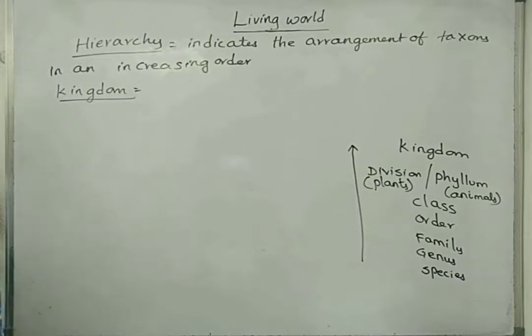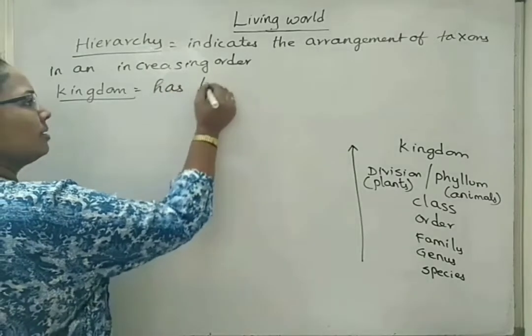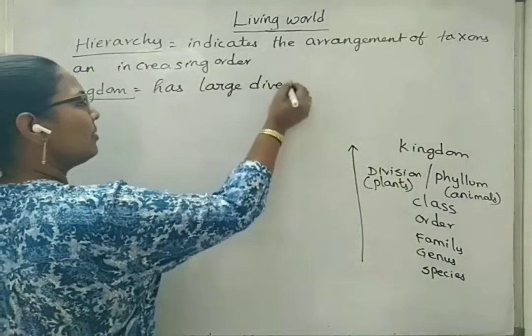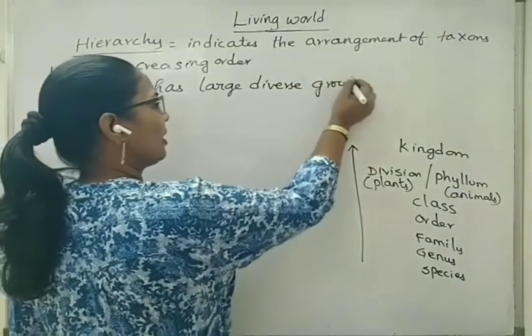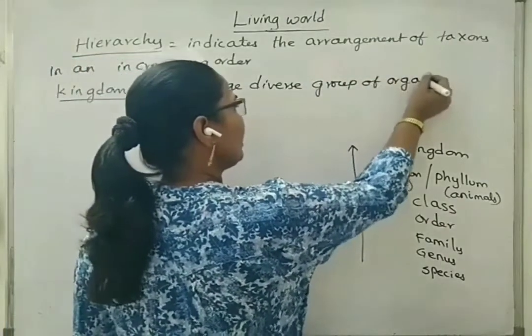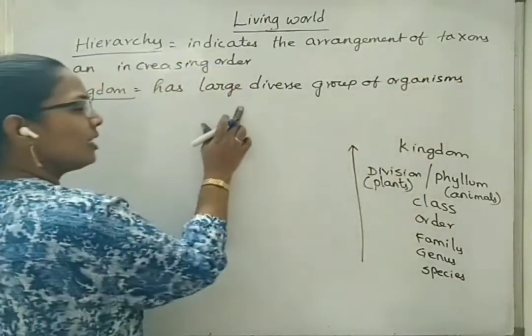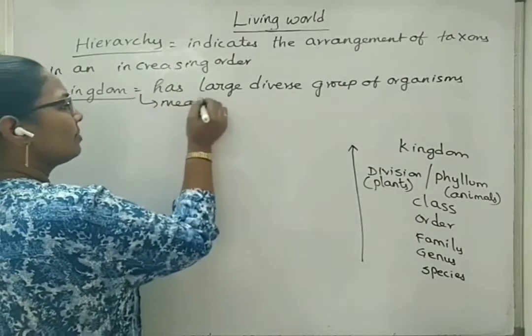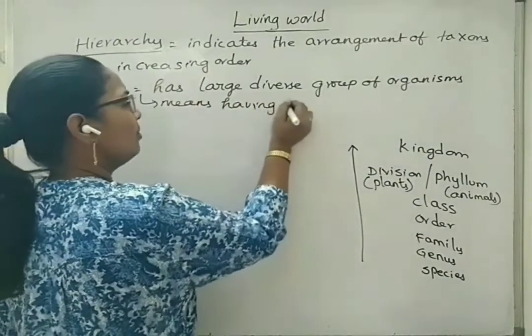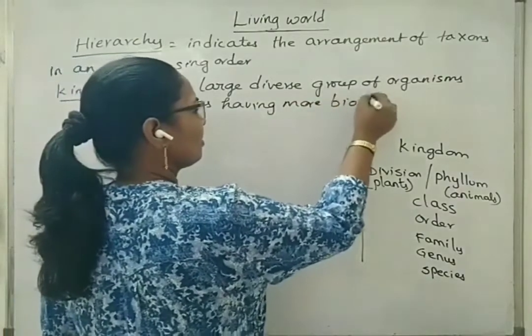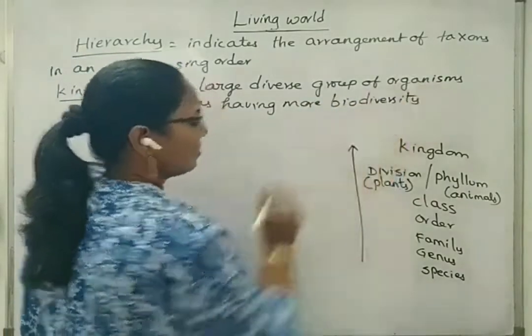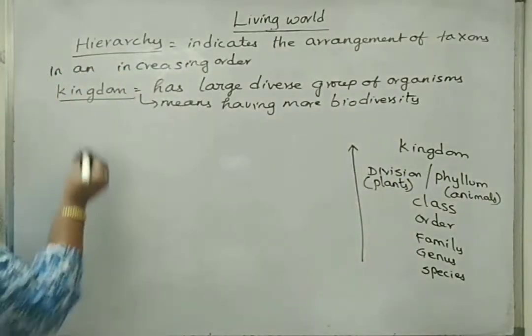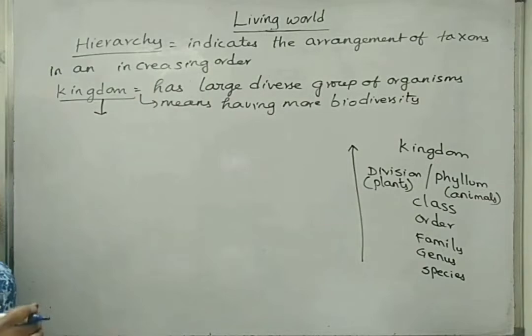Kingdom is considered to be having large diverse group of organisms. It means that there is more biodiversity in the taxon, that is kingdom. In kingdom, are the organisms closely related or not?